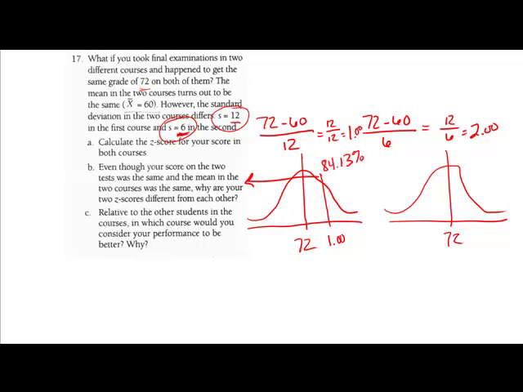So I was in the 84th percentile, whereas if I'm 2 standard deviation units away from the mean, 2.0 is 9772. First test, I was in the 84th percentile. Second test, I was in the 97th percentile. I did better in the second course because I was further away from the mean.